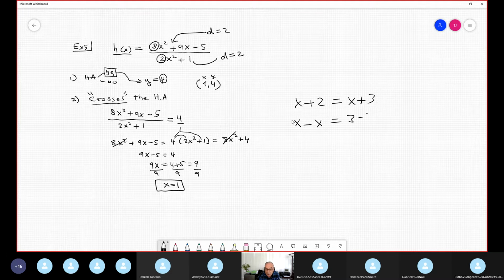Then 3 minus 2, this is 0 equal 1. This is totally false. No solution. Then we have no point. Not necessarily imaginary. Imaginary is another possibility. You are right, but not always. Okay? Okay, thank you.